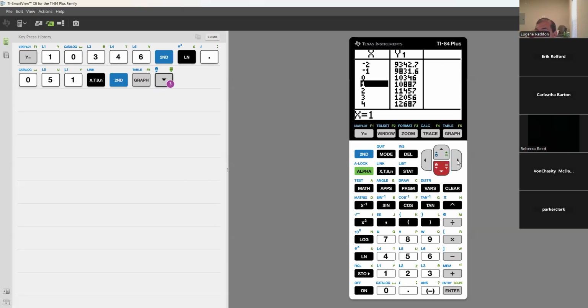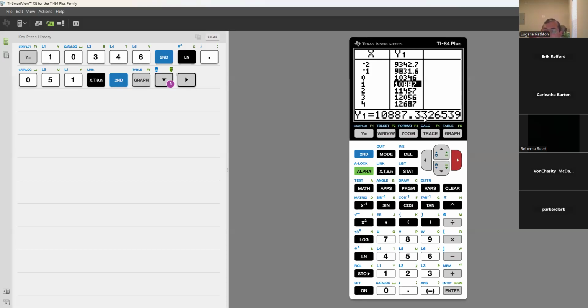If you highlight the y value and look down here in this bar where it says y1 equals 10,887 point, and it's got my decimals, I can now round it off to 2 decimal places, and that'd be a .33 for that one. So when t equals 1, I had $10,887.33.